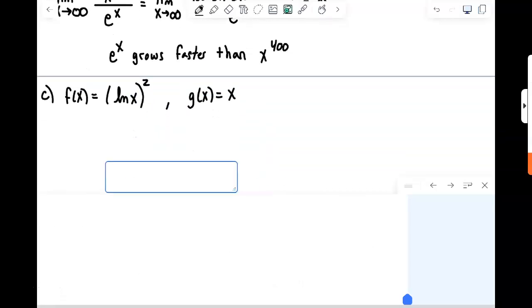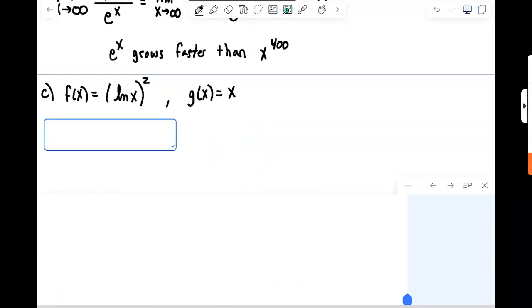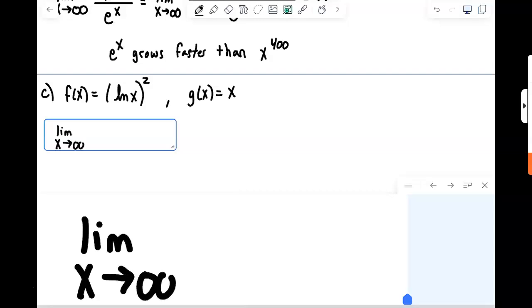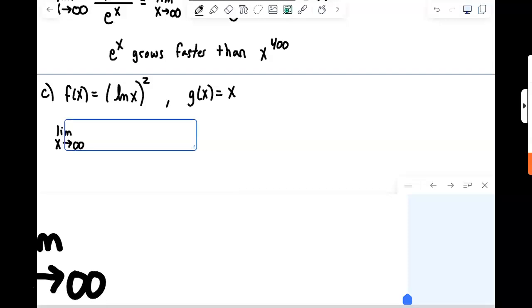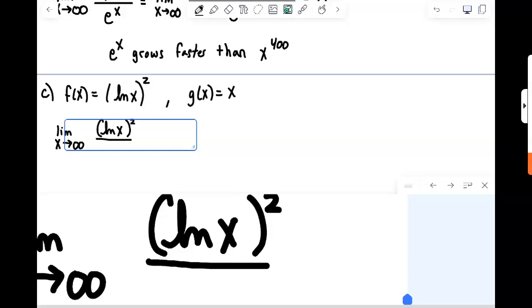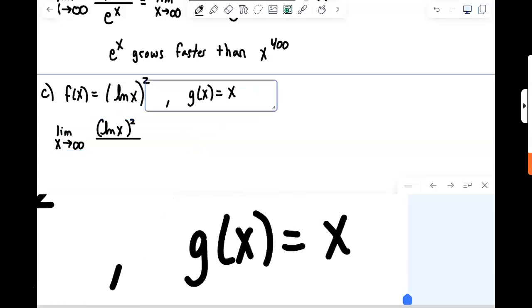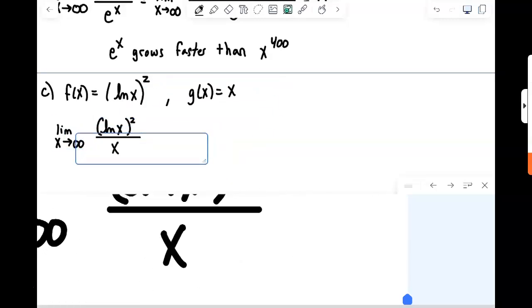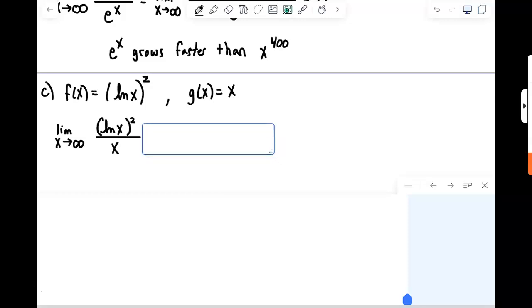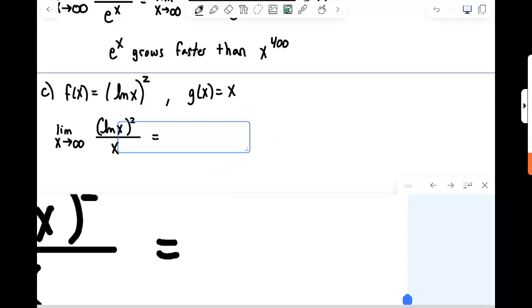Okay, well, let's see what happens. Let's set up our limit. And again, I'm just going to do them in the order they're written down in. So my numerator is going to be ln of x squared over x. And of course, that's an infinity over infinity. All right, so we apply L'Hopital's rule.